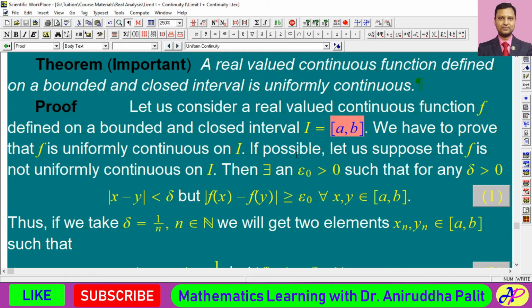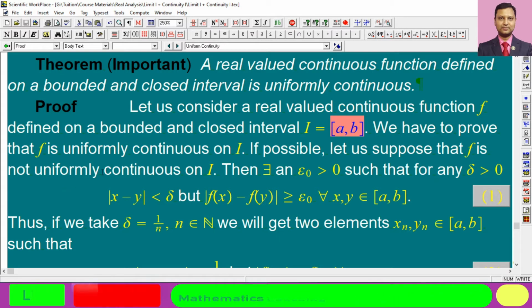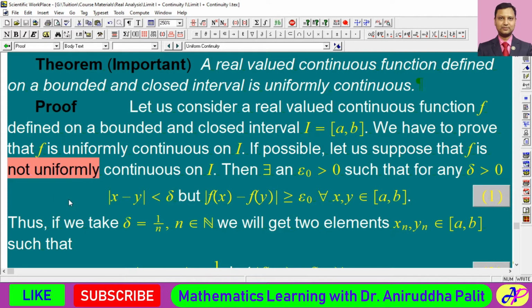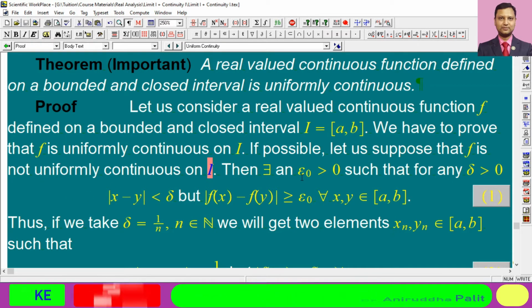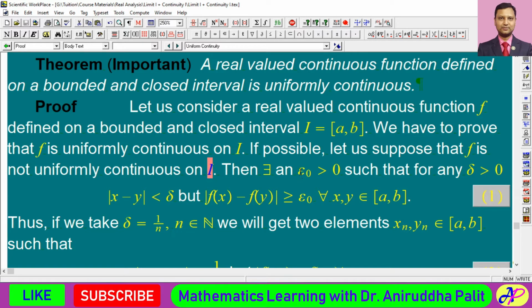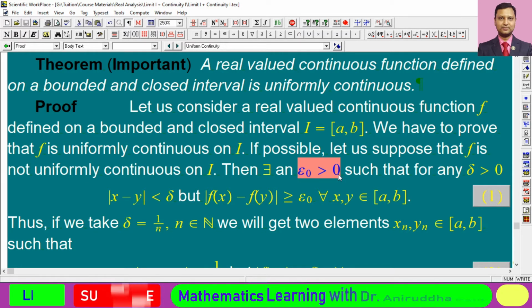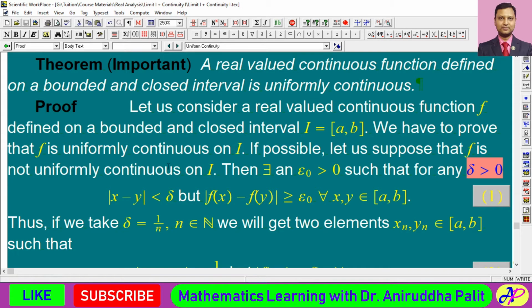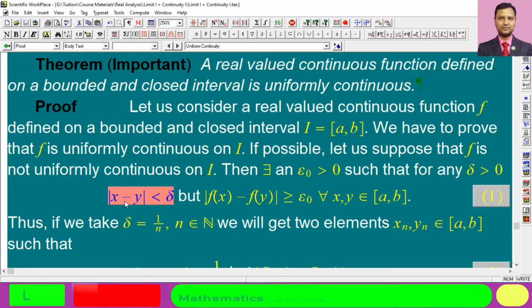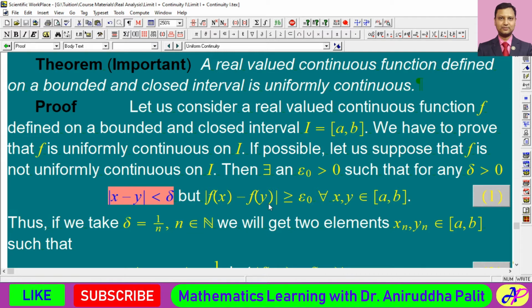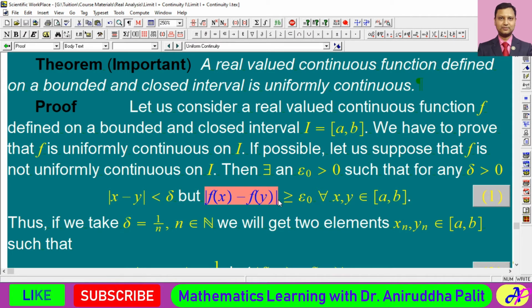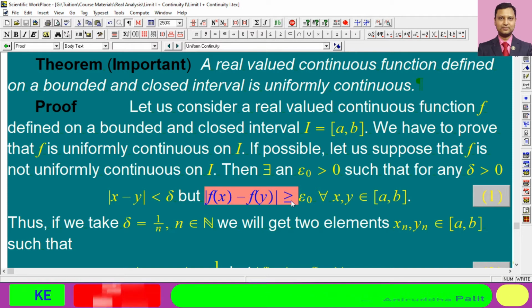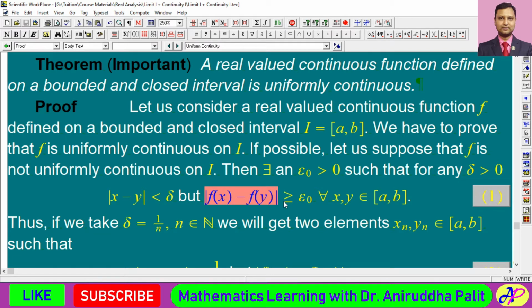At first we suppose that, if possible, f is not uniformly continuous on the interval I. Then by the non-uniformity criteria, we can say that there exists a suitable positive number epsilon 0 such that for any delta greater than 0, the expression modulus of x minus y less than delta is satisfied, but modulus of f(x) minus f(y) is not less than epsilon; it is greater than or equal to epsilon 0.